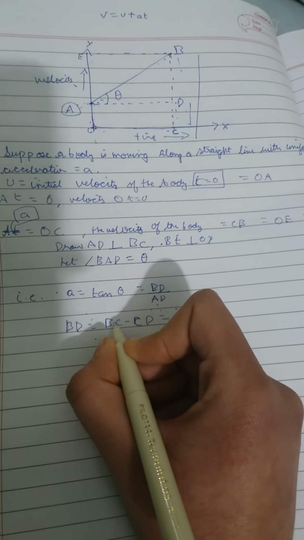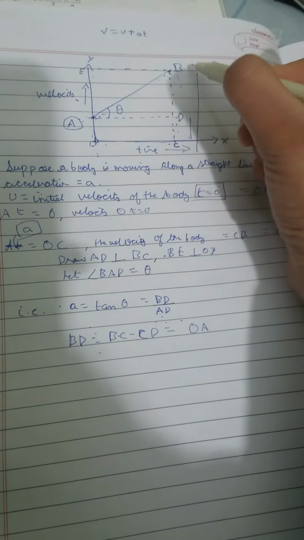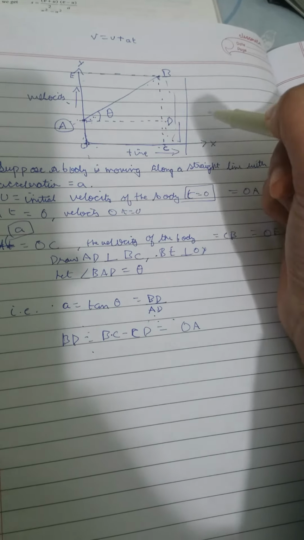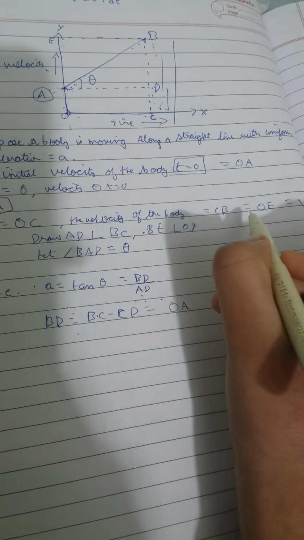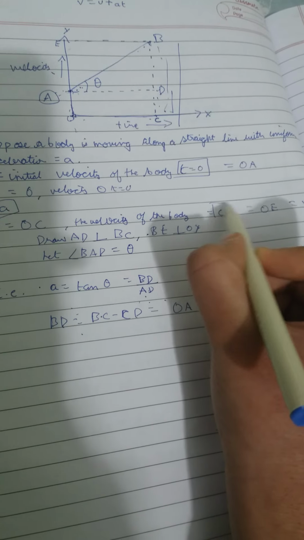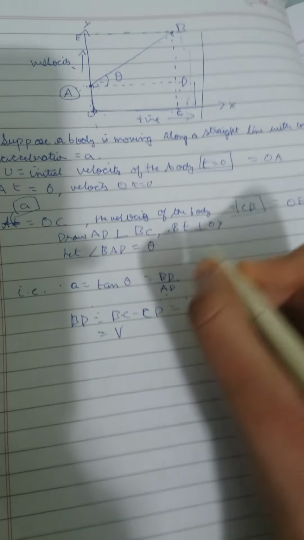And BC we have already proved. BC or CB, it's one and the same thing, so it is equal to the final velocity, right?